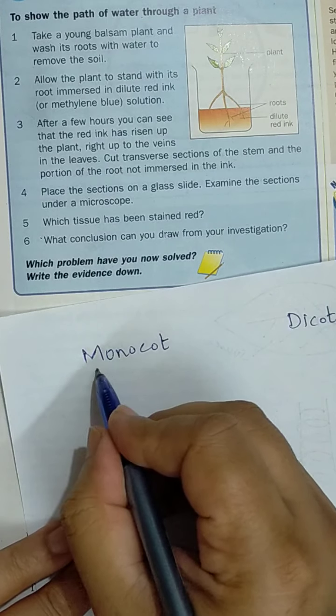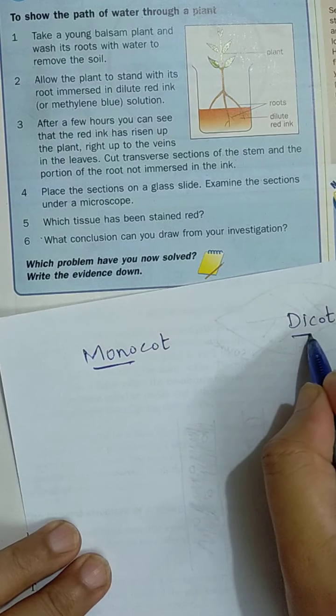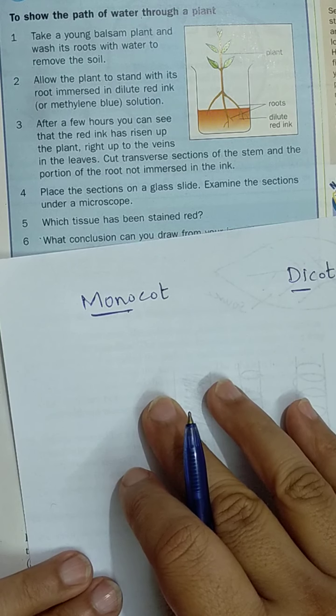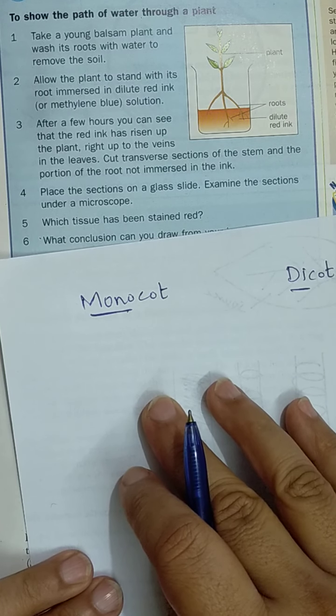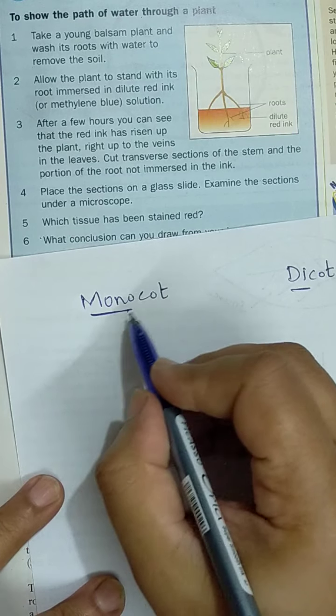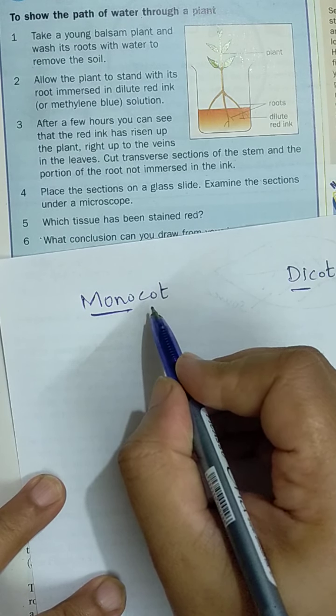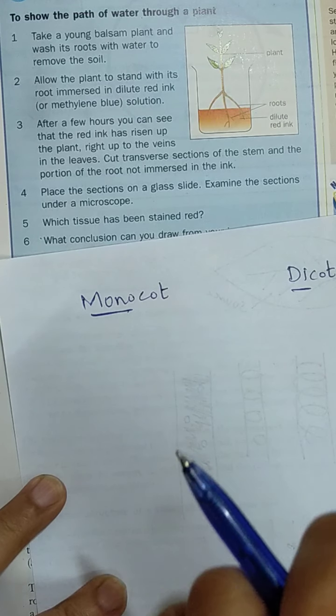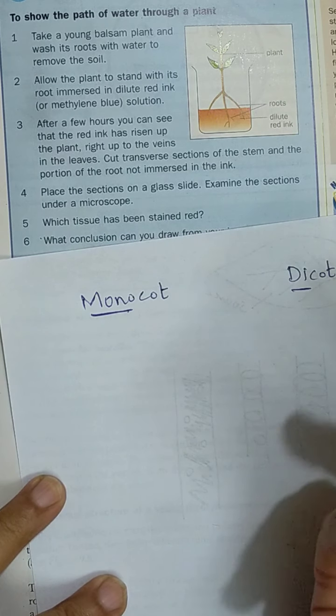Mono means one, di means two. You have observed some seeds in plants which consist of just one cotyledon. What is basically the cotyledon? Cotyledon is the reserve food material for the growth of a new plant.